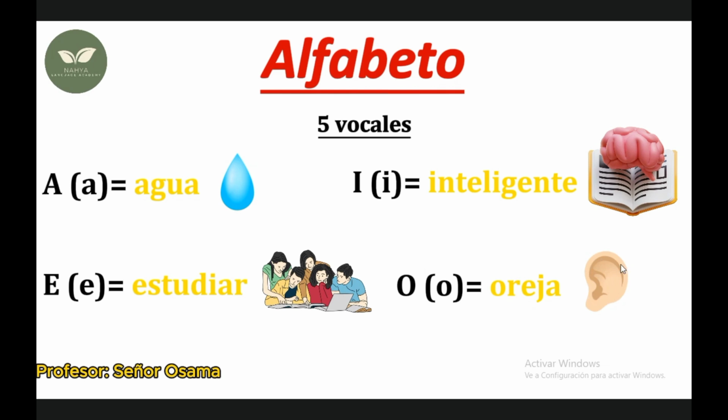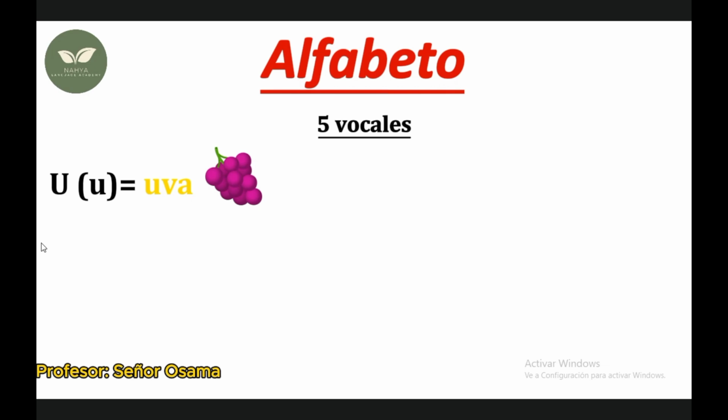So the next letter is U. Look, it's easy to pronounce. We have O, but this is U. O, U. And we find it in the example of uva, which means grape.